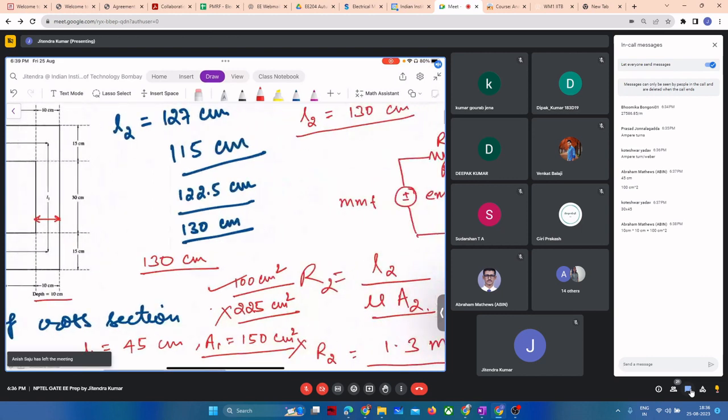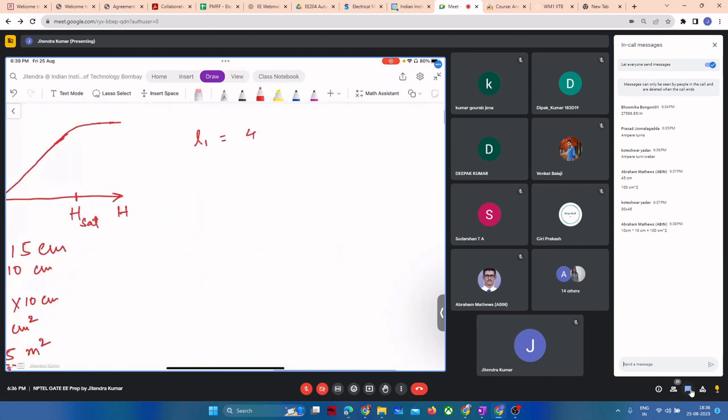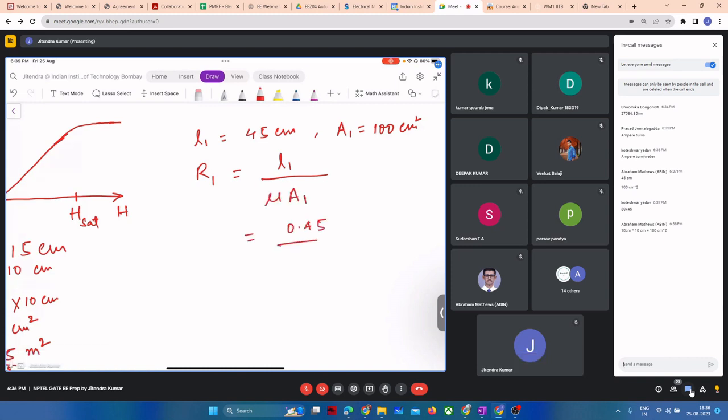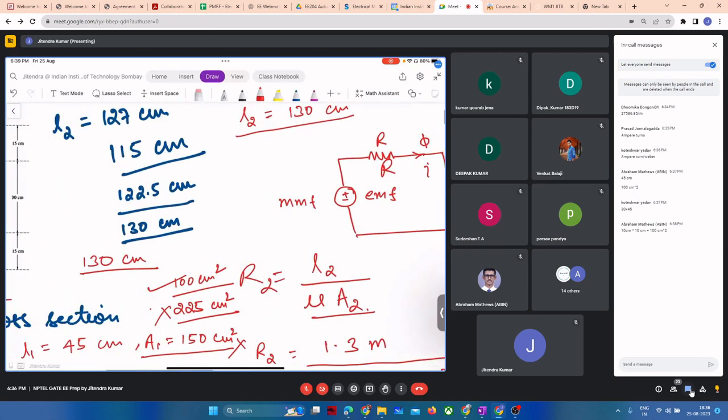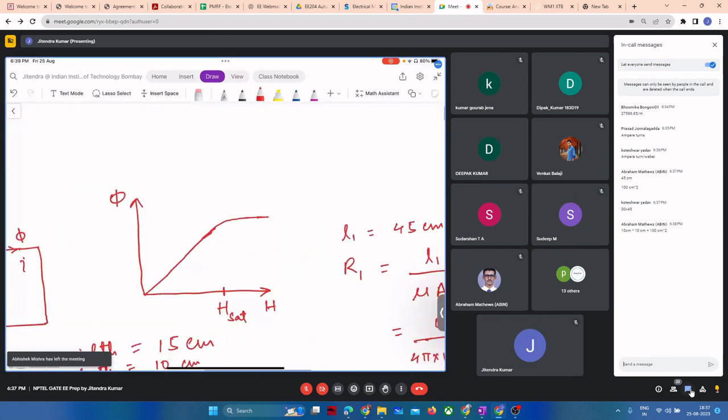So the area is 10 into 10, 100 centimeter square. Now we have L1 and A1. L1 is 45 centimeter. A1 is 100 centimeter square. We can now compute the reluctance of this section, L1 by mu A1, that is 0.45 divided by 4π into 10 raised to the power minus 7 into 2500, I guess. Relative permeability is 2500.